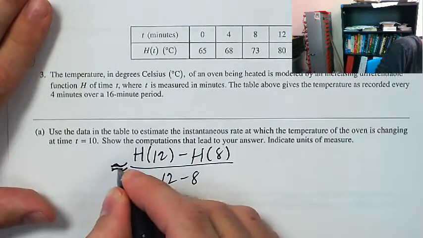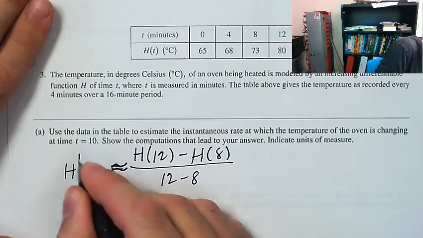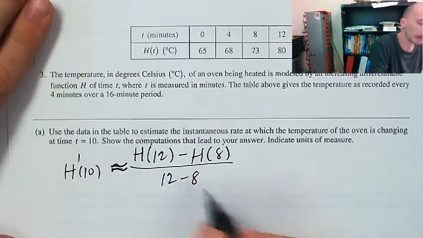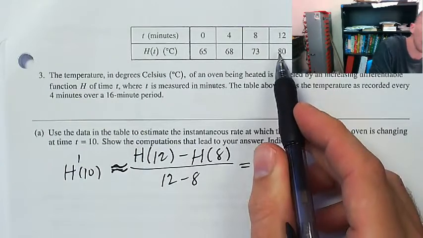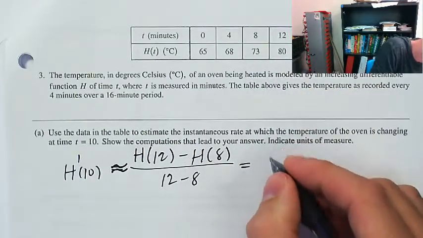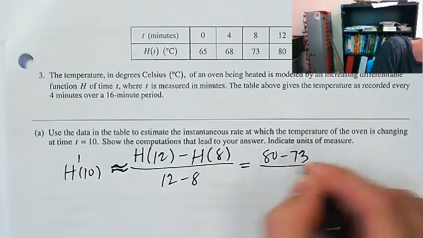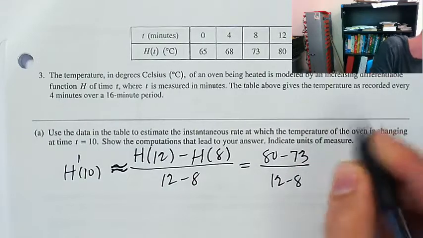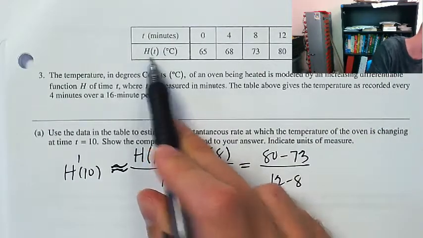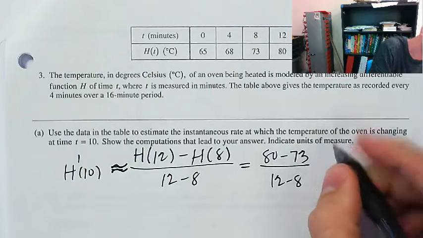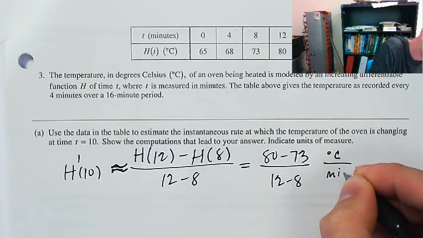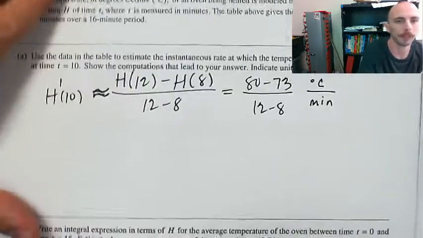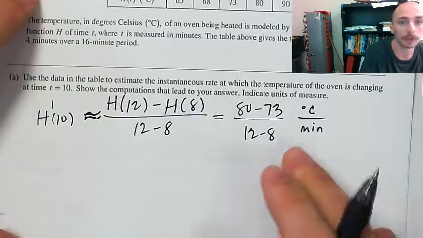And I might say my approximation for h prime of 10 is equal to h of 12 minus h of 8 over 12 minus 8 units of h divided by units of time. So degrees Celsius per minute. Okay. And then we don't need to simplify this, right?